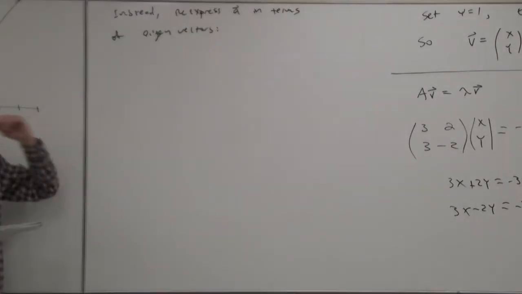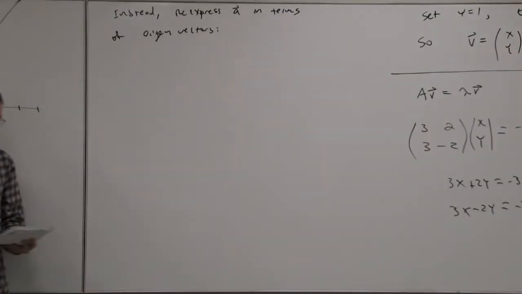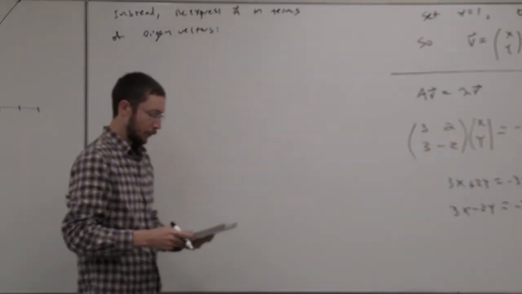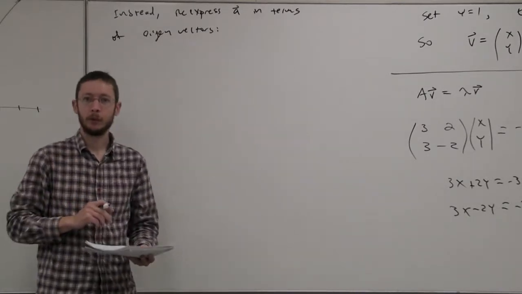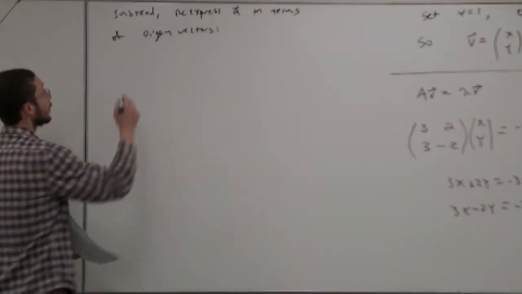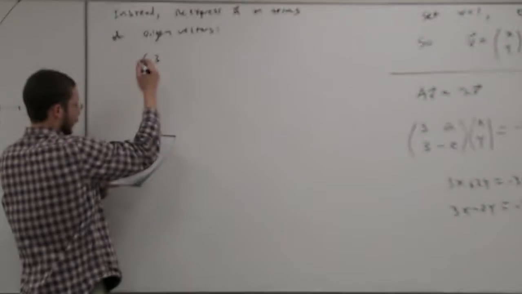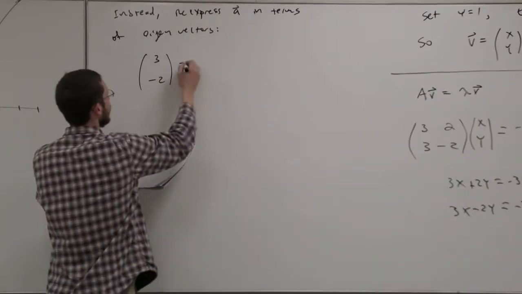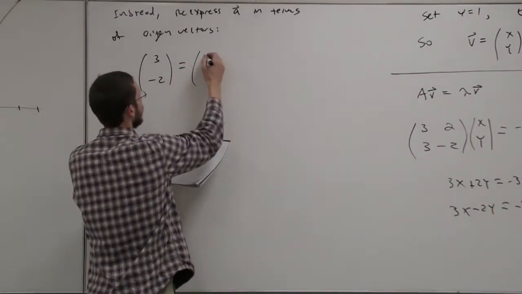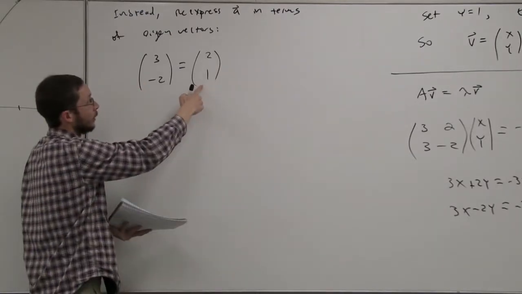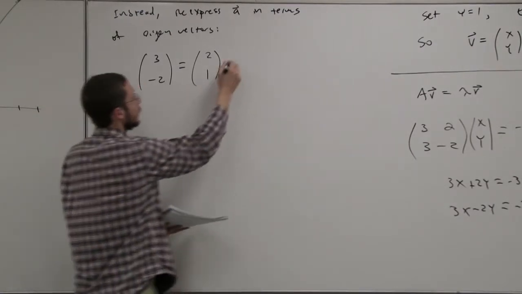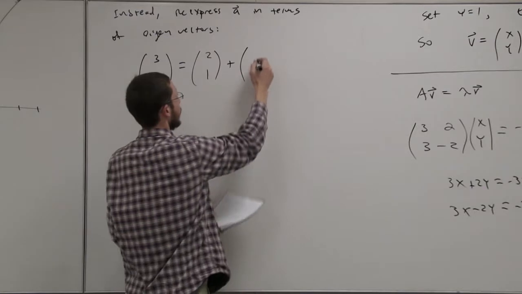And we'll talk about how you do that a little bit later on. For now, the rabbit out of the hat method: our vector 3, -2 can be thought of as a sum of the first eigenvector 2, 1 plus the second eigenvector 1, -3.